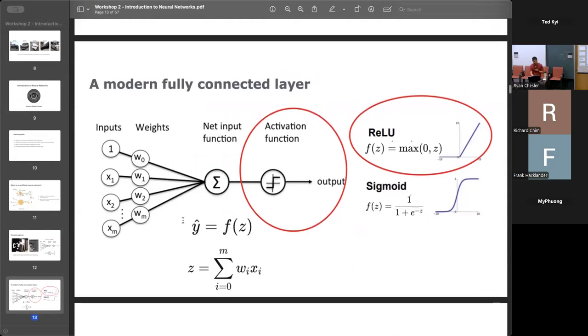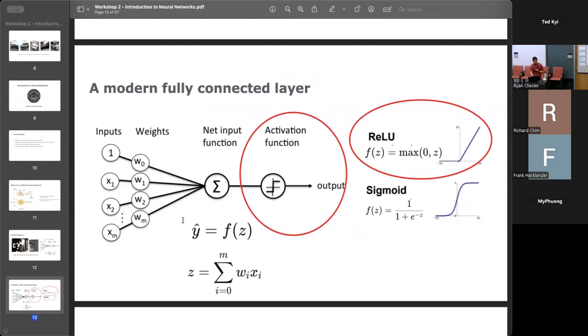So they're showing the makeup of a regular fully connected layer. We have our inputs, we have our weights. The weights are being multiplied by the inputs and then summed together. And then we have some activation function. One of the important things about neural networks is we need nonlinearities throughout the network in order to make these really complicated patterns that we're showing.